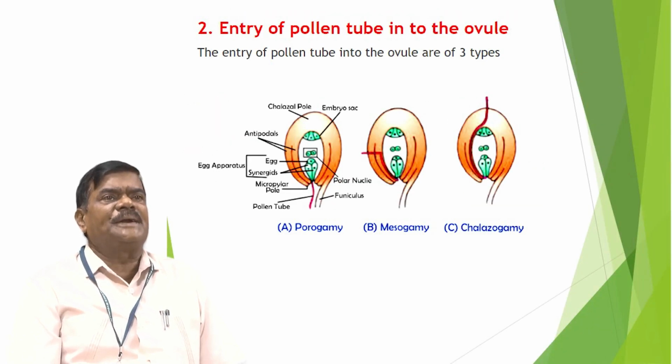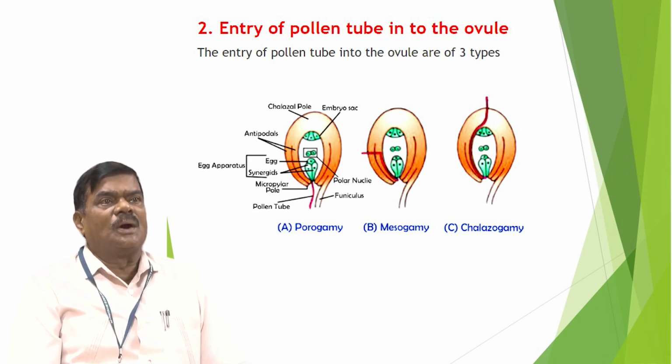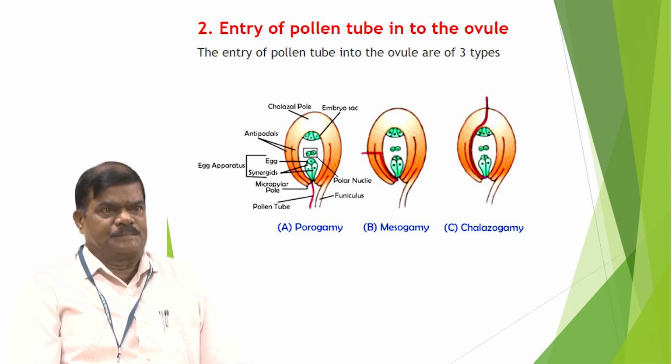Second point, entry of the pollen tube into the ovule. The entry of the pollen tube into the ovule is of three types: porogamy, mesogamy, chalazogamy. The first one, if the pollen tube directly enters through the micropyle, then it is called porogamy.